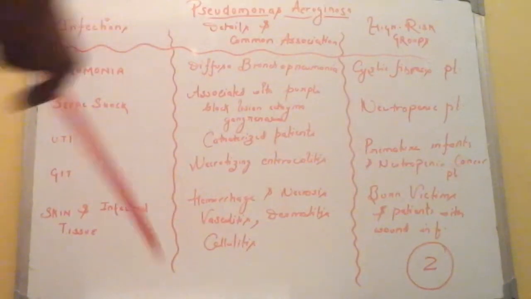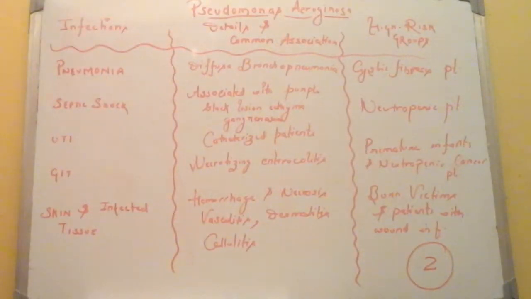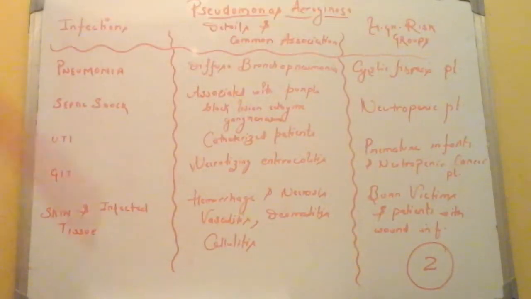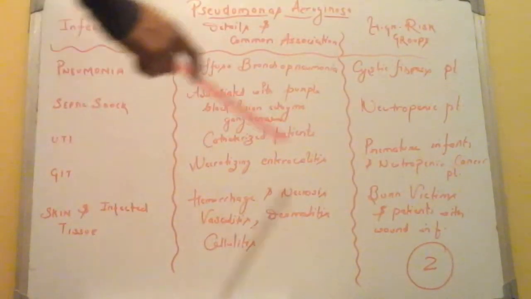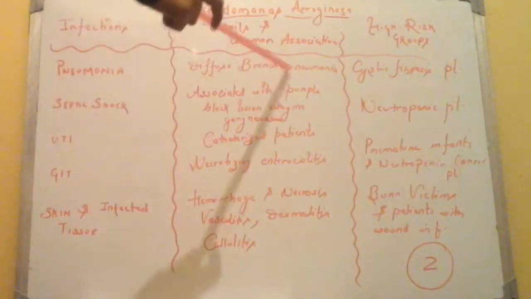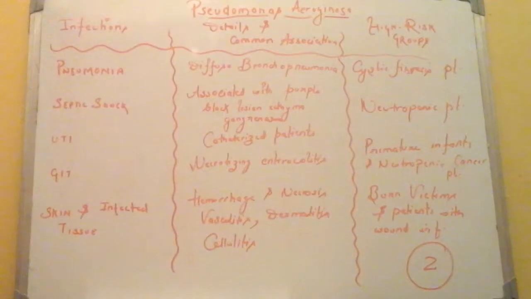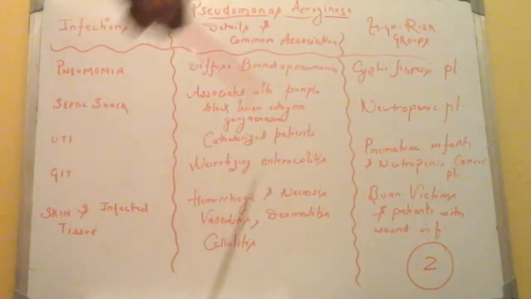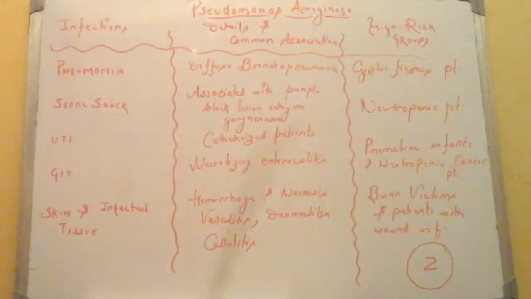Alright, so we have to think about it: if it is GIT, colitis and neutropenic patient. If it's about pneumonia, bronchopneumonia, cystic fibrosis. And the most important is septic shock, purple black lesion, ecthyma gangrenosum, and again the neutropenic patient will be at high risk.